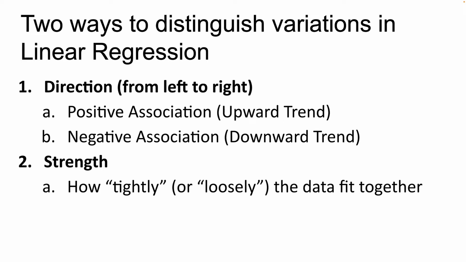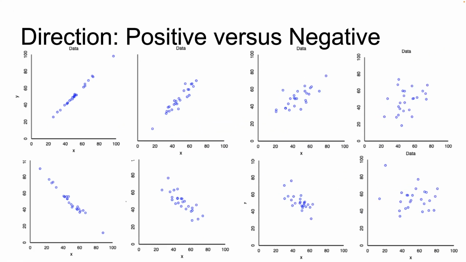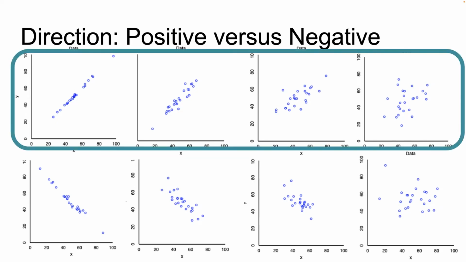Let's go back to those graphs and let's compare and contrast both the direction and the strength of all of those graphs. First, let's take a look at the graphs and let's analyze the direction. Let's compare positive association versus negative association. The four graphs on the top all have an upward trend from left to right.